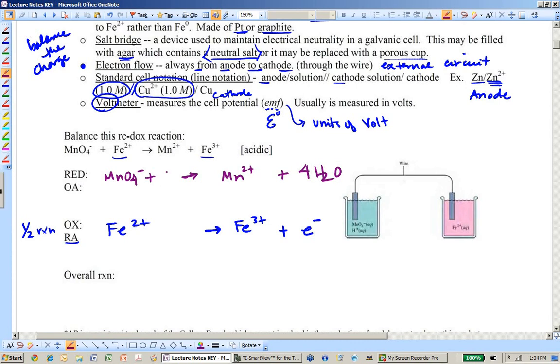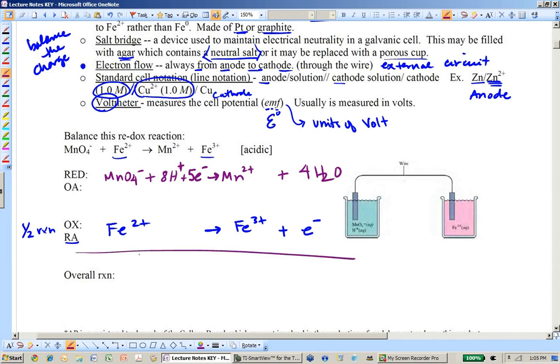So I would need 8 of them, please. Now the total charge on the left is +7. The total charge on the right is +2. So I need to add 5 electrons to that side, and now I have a total charge of +2, correct? Yes, +2 on each side, so we are now balanced.